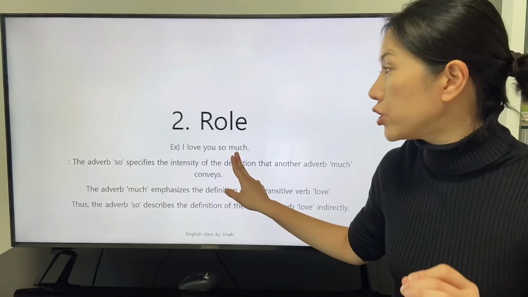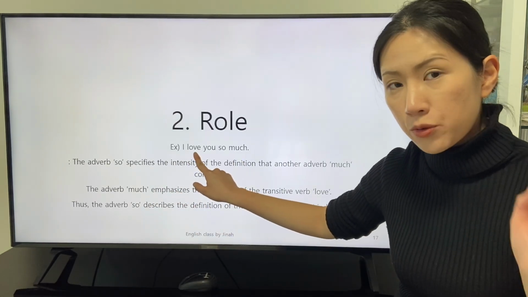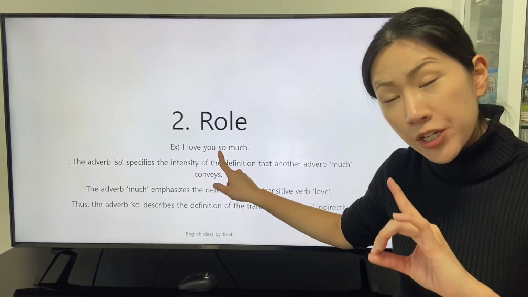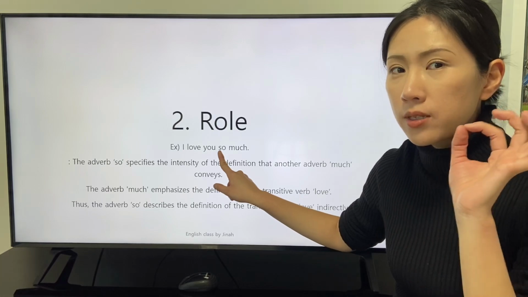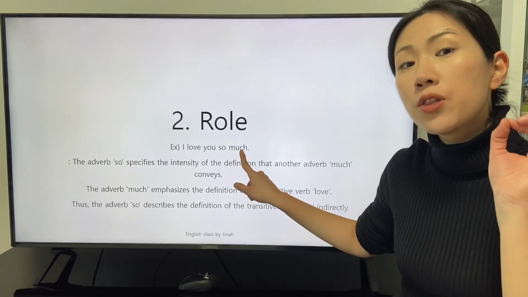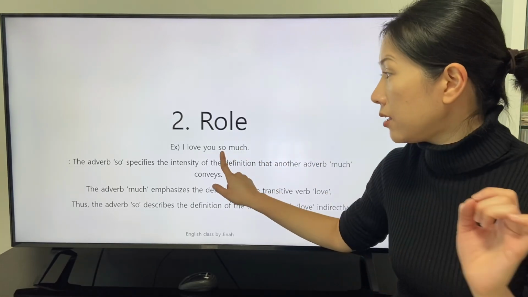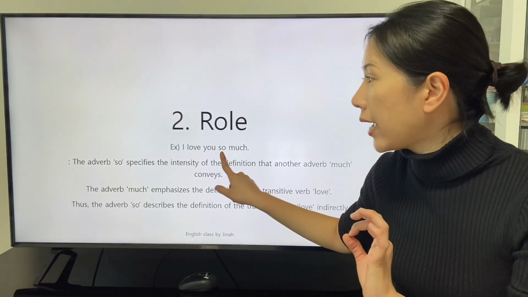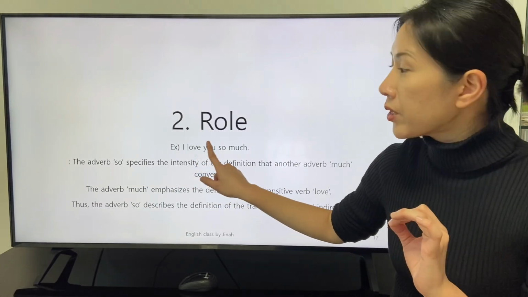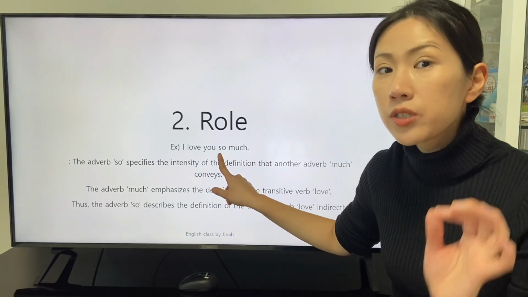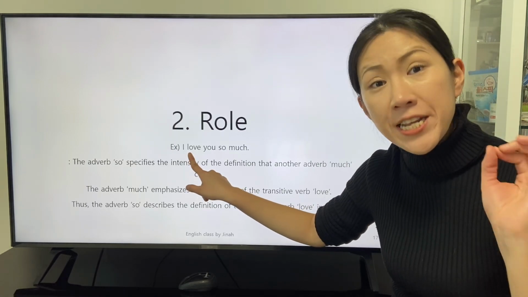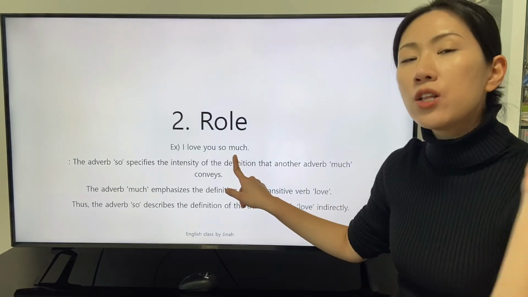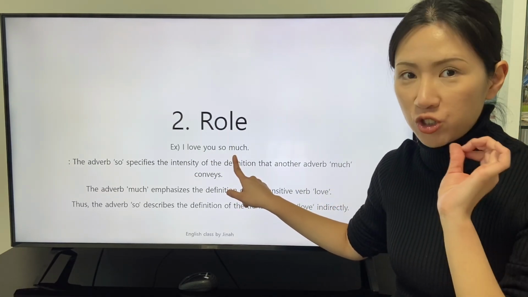The adverb much describes the definition of the transitive verb love directly, and the other adverb so describes the definition of the adverb much. Then, what is the relationship between the adverb so and the transitive verb love? The adverb so describes the definition of the transitive verb love indirectly via the adverb much.